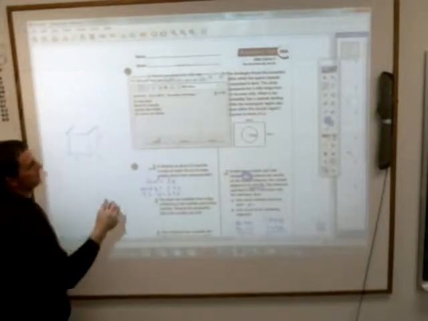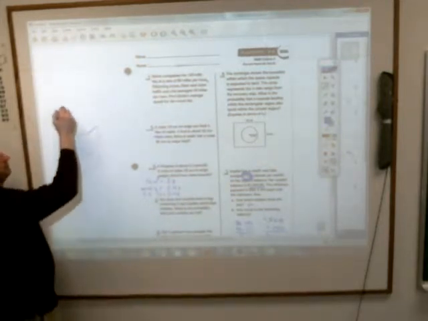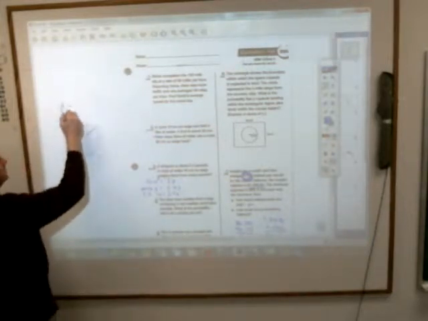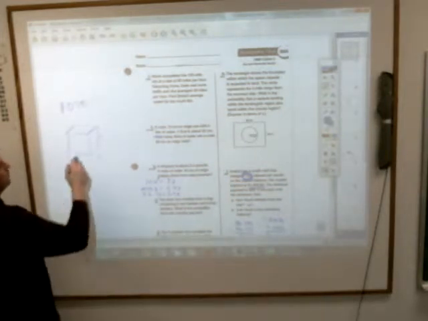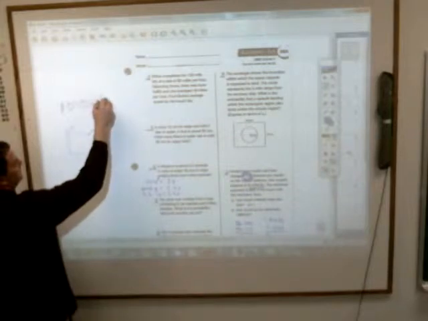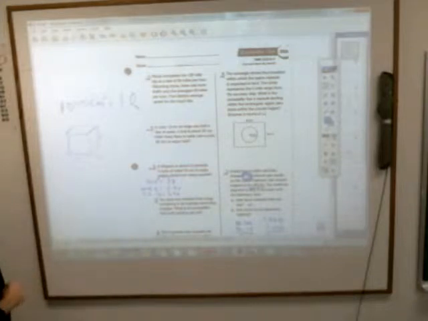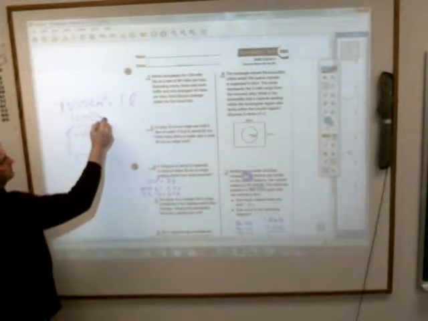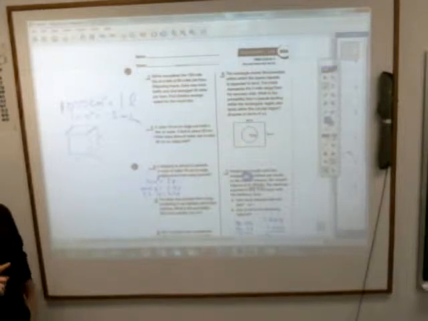And the basic gist of this boils down to this: 1,000 cubic centimeters is the same thing as 1 liter, for the reason that 1 cubic centimeter equals 1 milliliter. 1 cubic centimeter is 1 gram, it is also 1 milliliter.